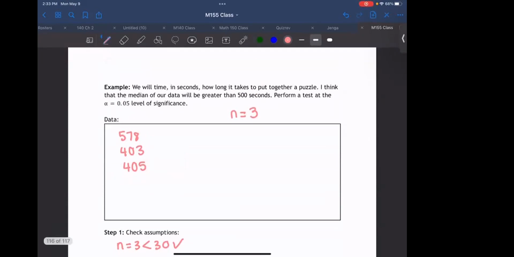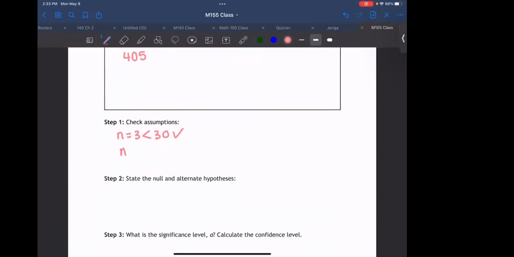Is there anything about a normal population going on here? Yeah, no normal population, right? So there's nothing saying normal. Okay, because these 2 things are true, we can go on, and we also know that we can use the 1-sample sign test for this.